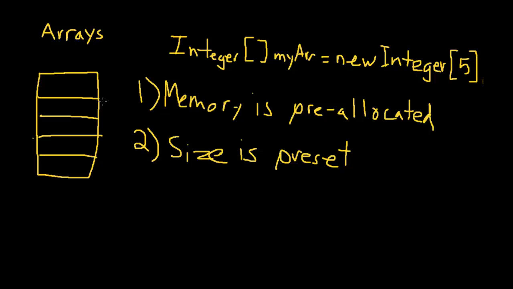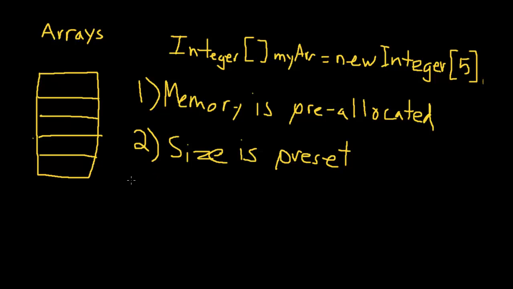From the moment that array is created until the moment your program finishes, that array cannot change size. We could create a new array and then point this pointer to that new one, but this specific array will have to stay at 5 elements long. It can never expand. Which, I mean, is kind of assumed based on memory being pre-allocated. If it were able to expand, how would we be able to pre-allocate memory? We wouldn't be able to.